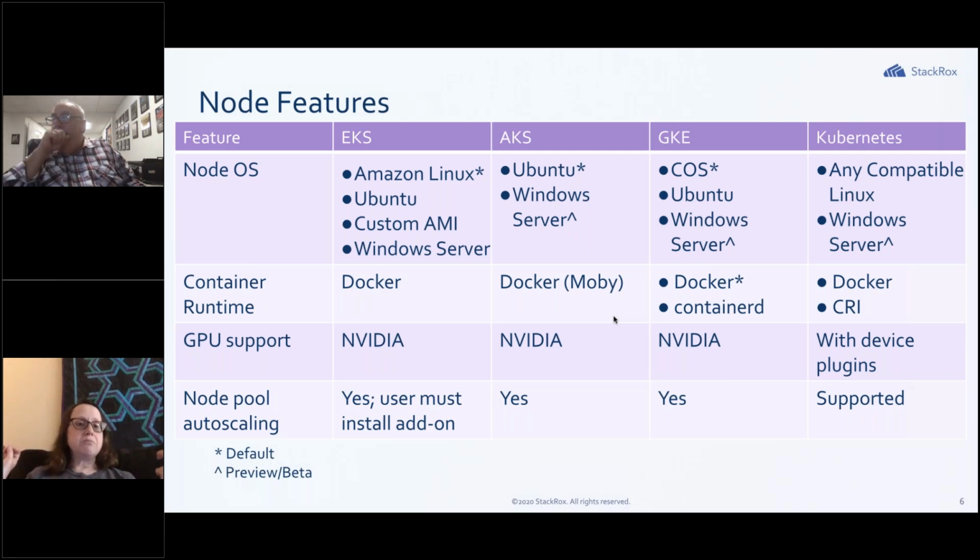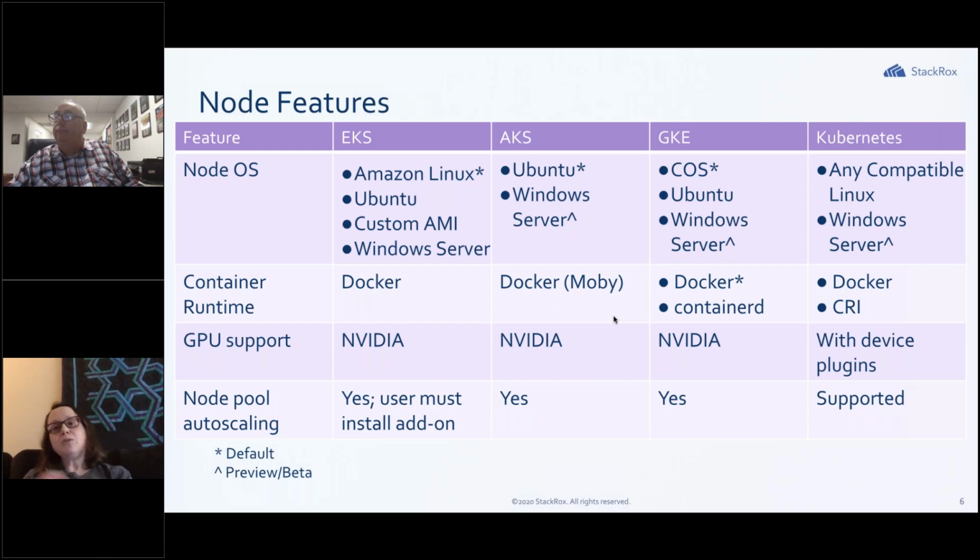AKS, it's Ubuntu or it's Windows. GKE gives you 2 Linux options. You can either use their Container-Optimized OS or Ubuntu. COS is the default, or Windows. EKS has Windows as GA, which is interesting because Kubernetes support for Windows is not generally available yet.